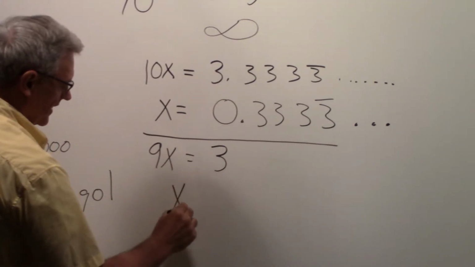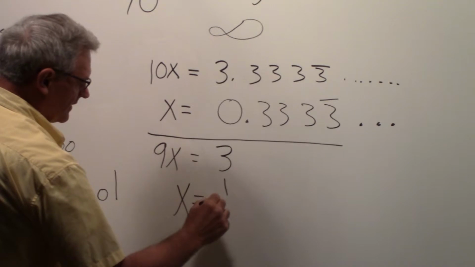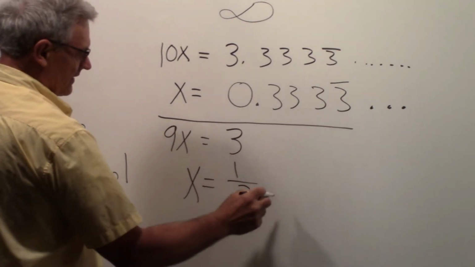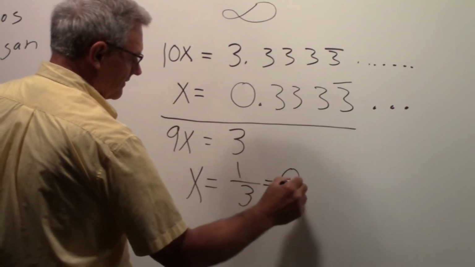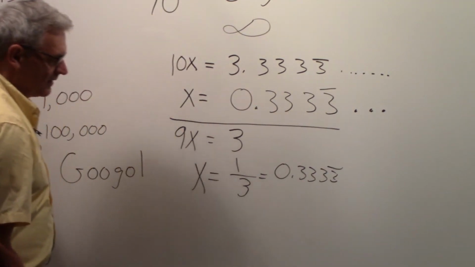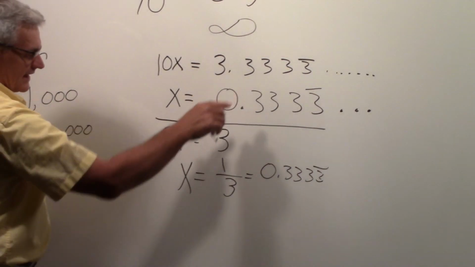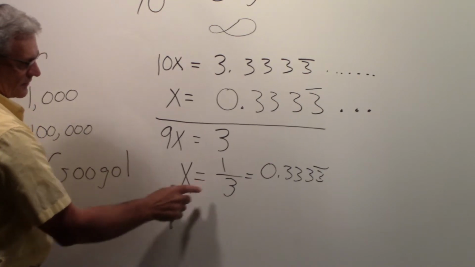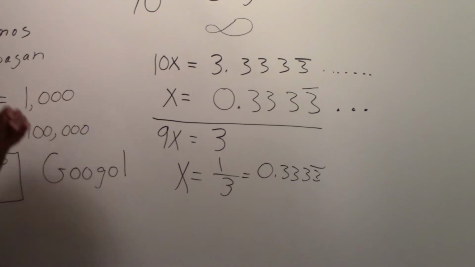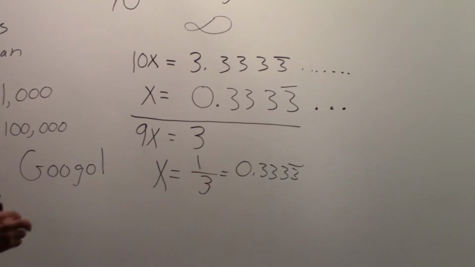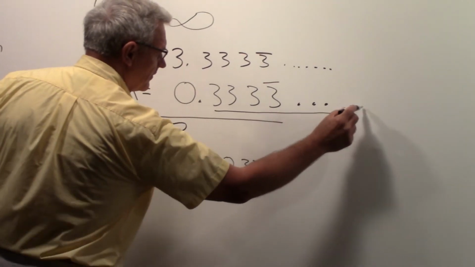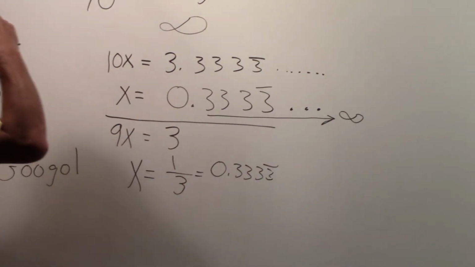So if we solve for x, we get x equals 3 over 9, which is 1 over 3. And everybody knows that's the repeating decimal. And now if those 3's didn't cancel out, we would have never found that x equals 1 over 3. But they all cancel out. The infinite number of 3's cancel out. So I hope that gives you an idea of infinity in terms of repeating decimals all the way out to infinity.